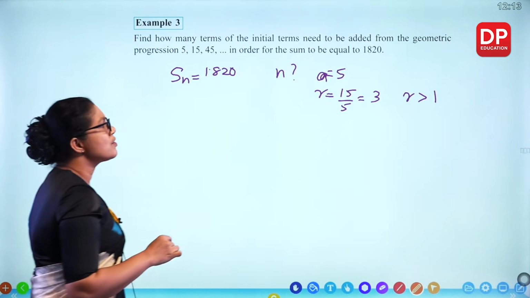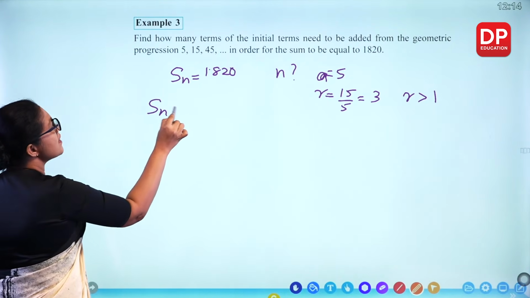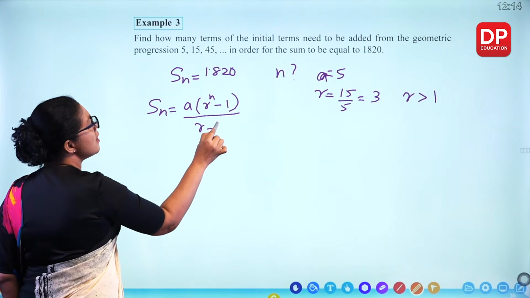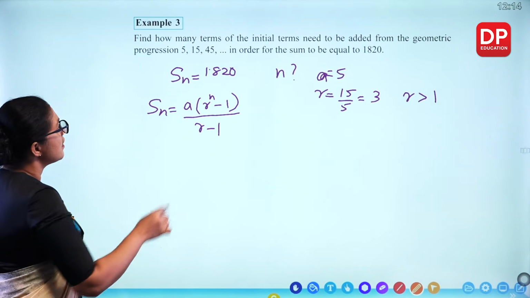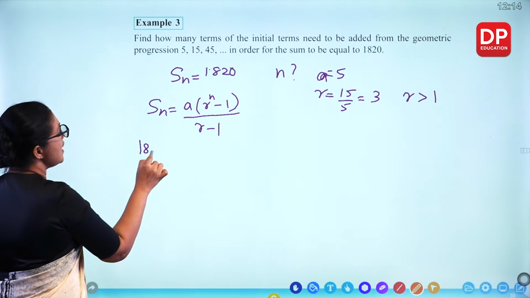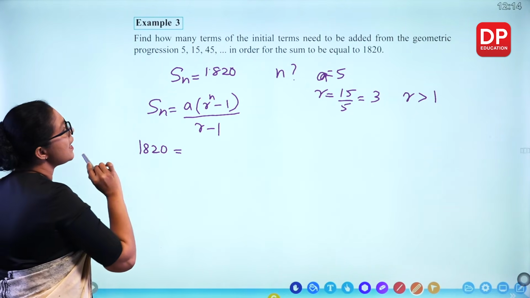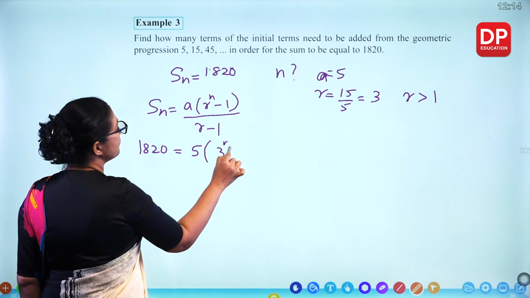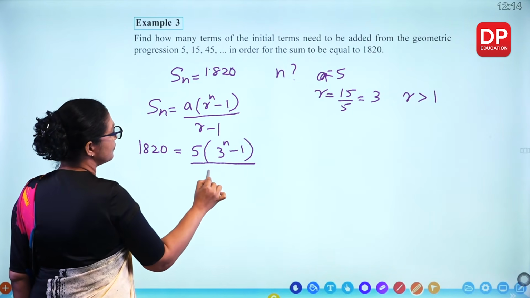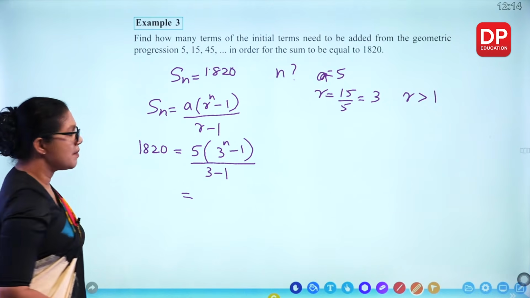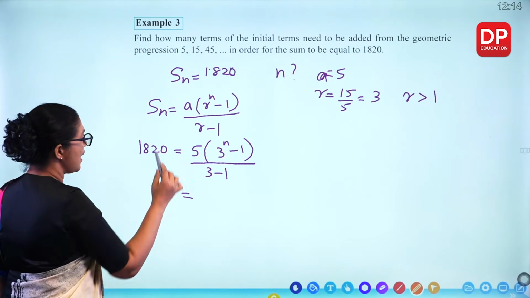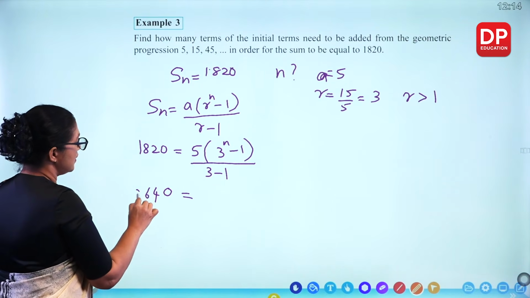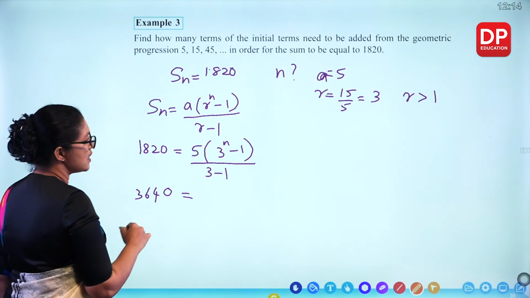So you can use Sn as a times r to the power n minus 1 over r minus 1. Now this value is given, 1820. a is 5. r is 3. Three minus 1 is 2. Multiply by 2, you get 3640.